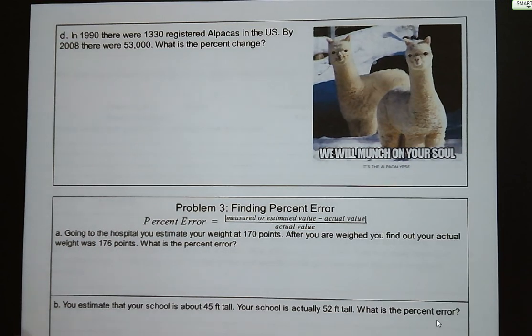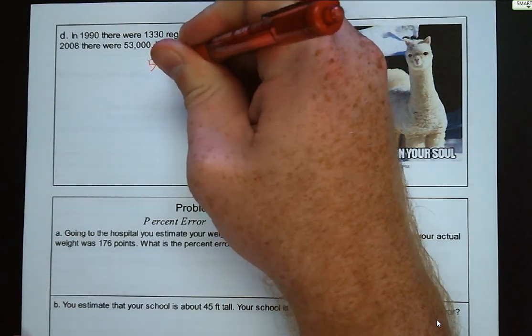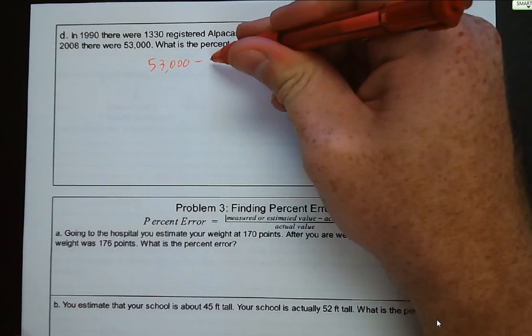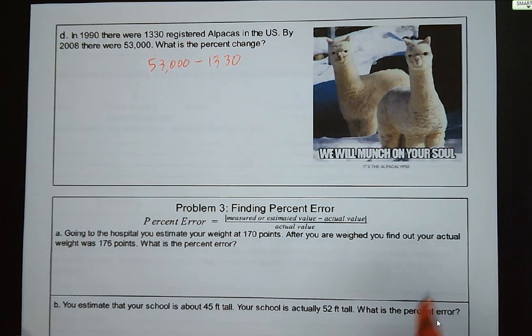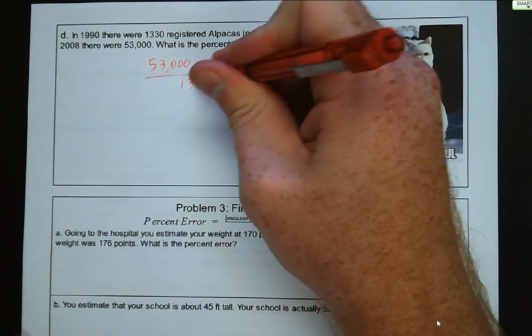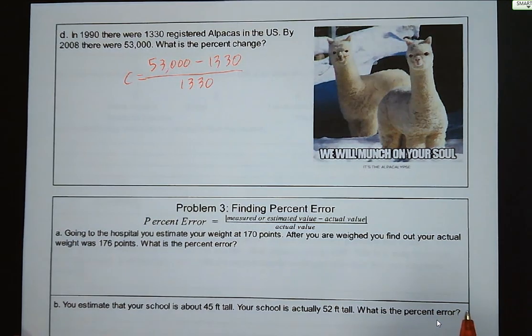We start off with our final, 53,000, minus our initial, 1,330, and we are dividing it by our initial, 1,330.